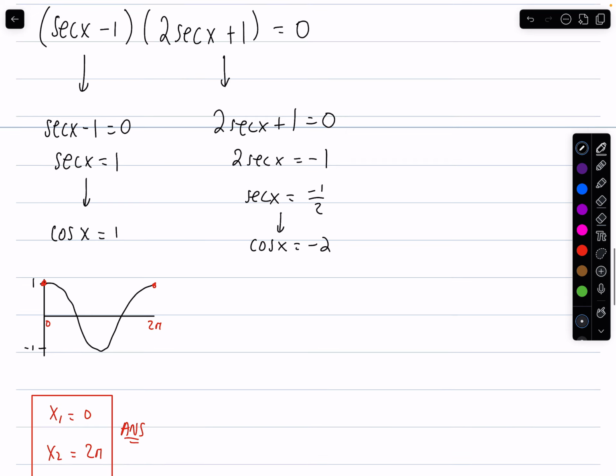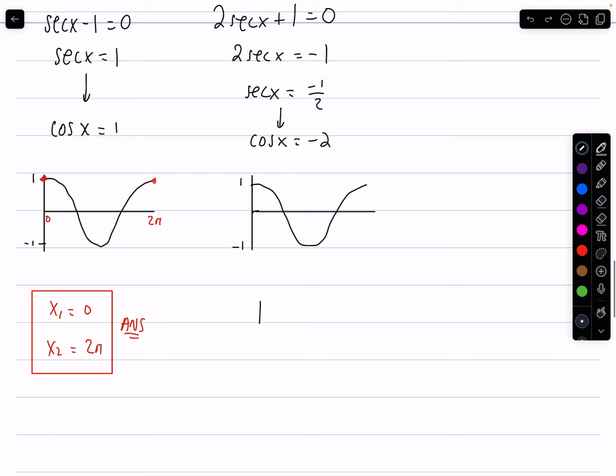Now obviously we know cos x only exists between 1 and negative 1. This is what we know. So negative 2 would actually be somewhere here, which does not exist. So here we have no solution. So we only got 2 answers.